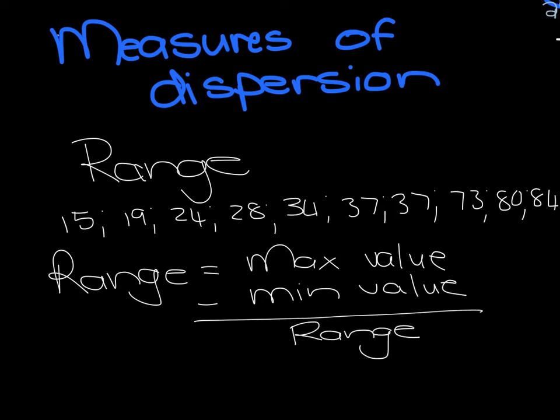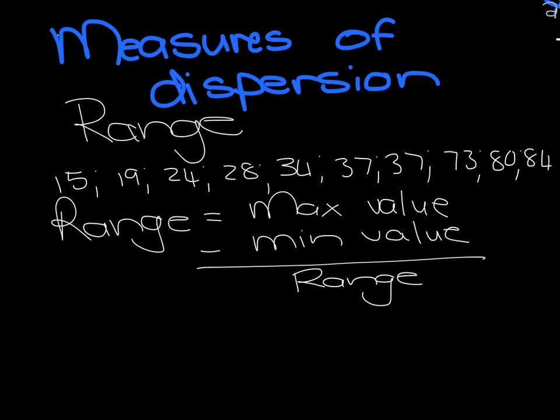So let's do it with this one. The maximum value is 84 minus 15, so my range here will be 69. So this number set is ranging between 15 and 84, and that gives me a range of 69.